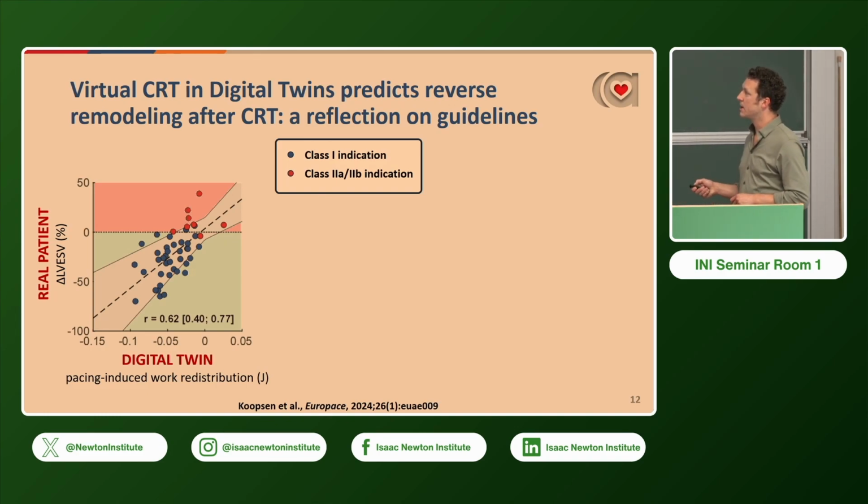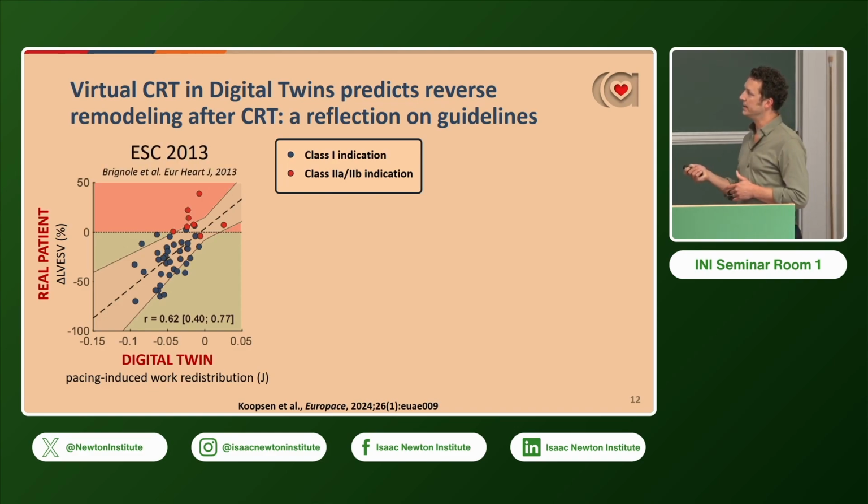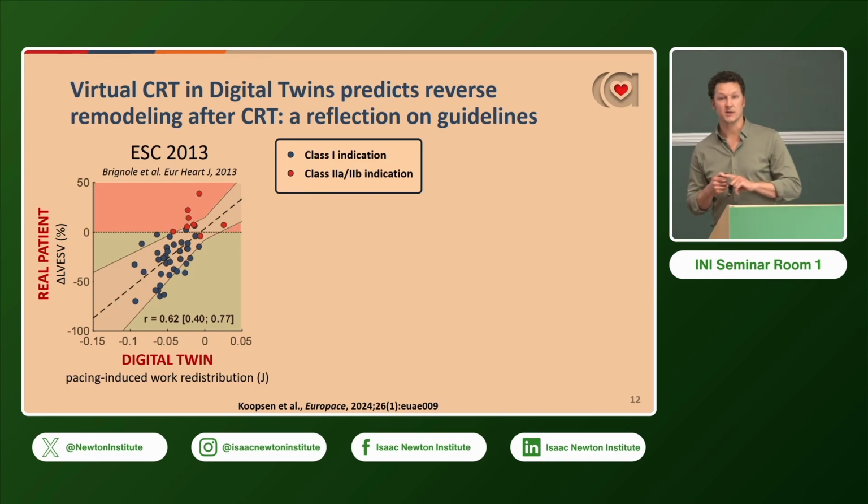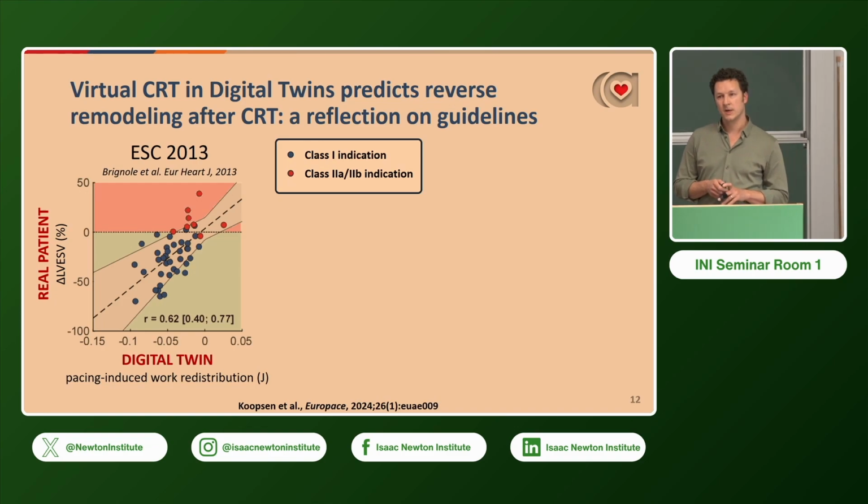And we get a rather nice correlation. It's not perfect, of course, but there are so many other factors that influence CRT response than just the phenotype of the patient. What is interesting, though, is that while labeling the patients, here the red dots are the class 2 indications, and the blue ones are the class 1 indication patients.